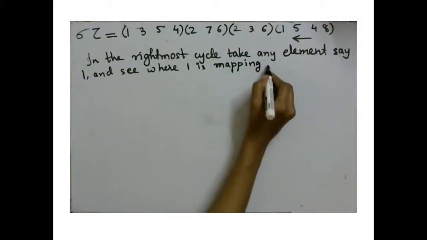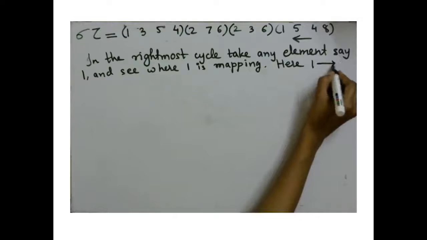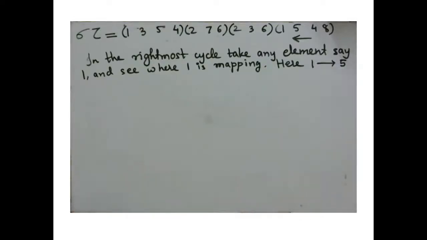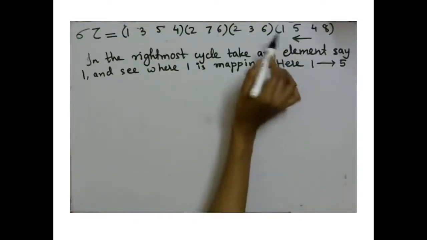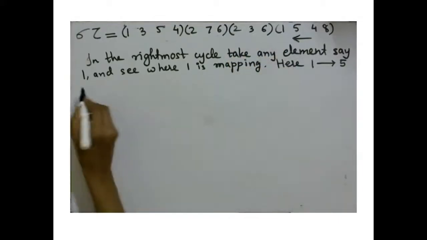So what do you observe? You observe that here 1 maps to 5. Now in the next cycle, that is in the cycle (2, 3, 6), you have to see the image of this 5.